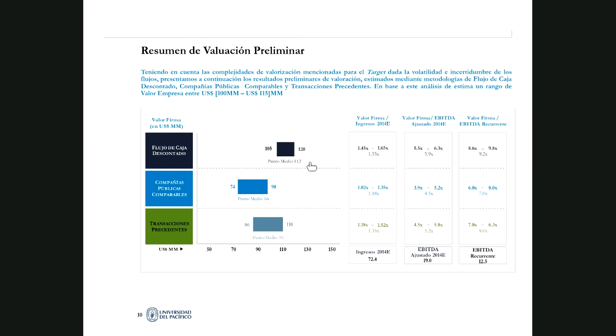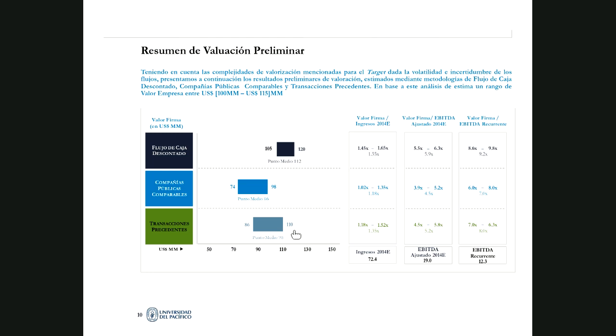Okay, and here you can see that there are 3 methods in the 3 different boxes: DCF, trading comps, transaction comps. Then you see a range of value for each of them. For the DCF, you have a 105 to 120 range with a midpoint of 112. For the trading comps, you have a $74 to $98 million value range, and for transaction comps, 86 to 110.